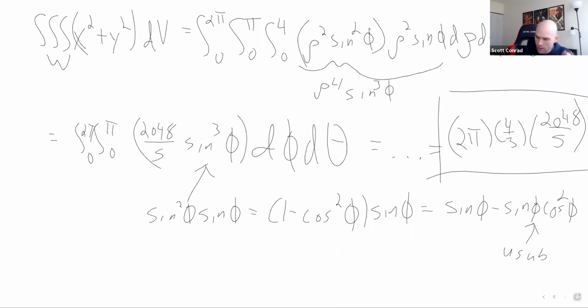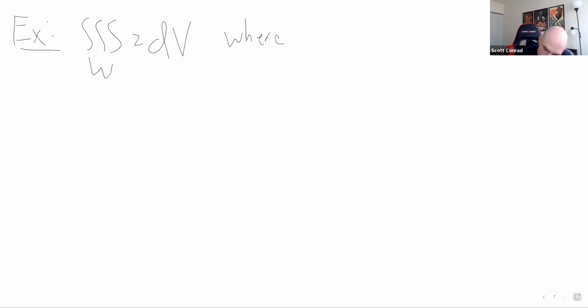Okay. So one more typical example that we get. Let's set up the integral here. Let's evaluate the integral of z with respect to volume over the region W. So W is going to be the ice cream cone looking region. I like to call it ice cream cone.